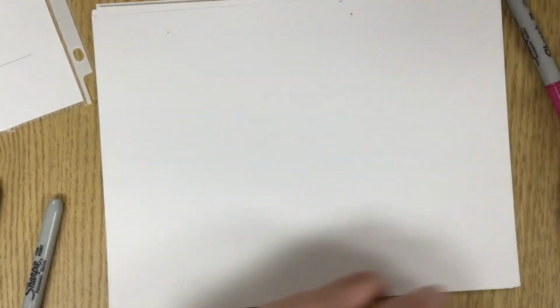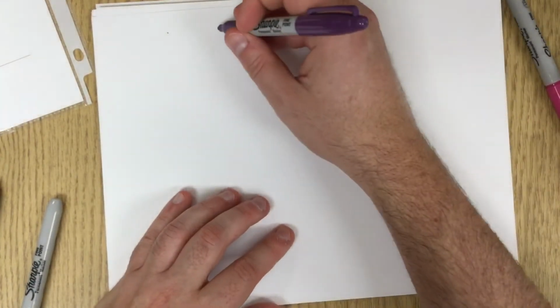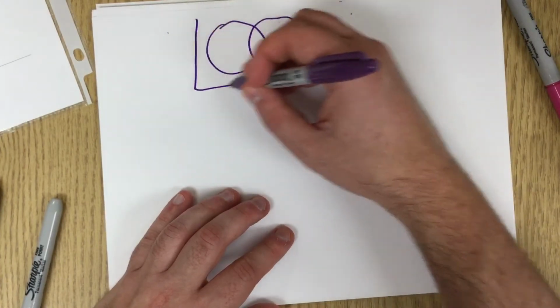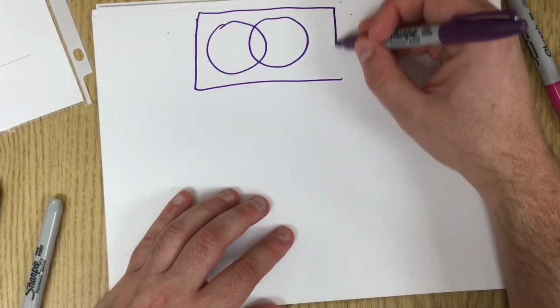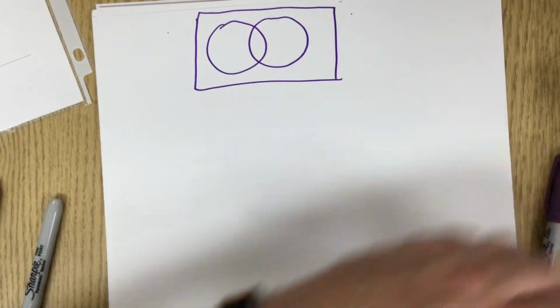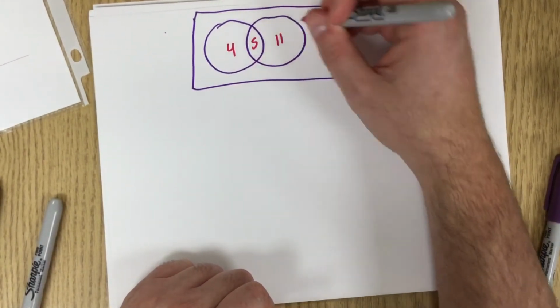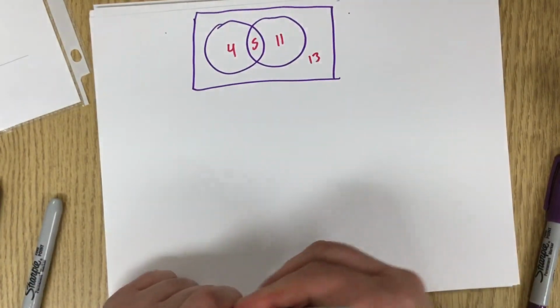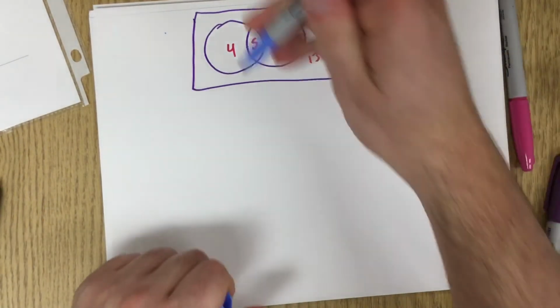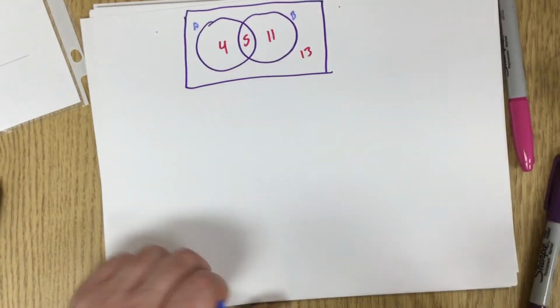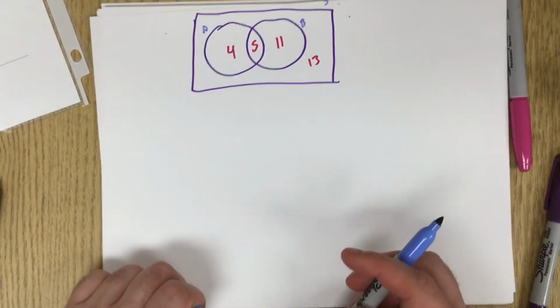Okay, so let's do some more of those. We'll draw this on the top to remind ourselves of what we've got, because I don't feel like constantly referring back. 4, 5, 13, and this is A, B, and S. I'm off the top of the page. Okay.